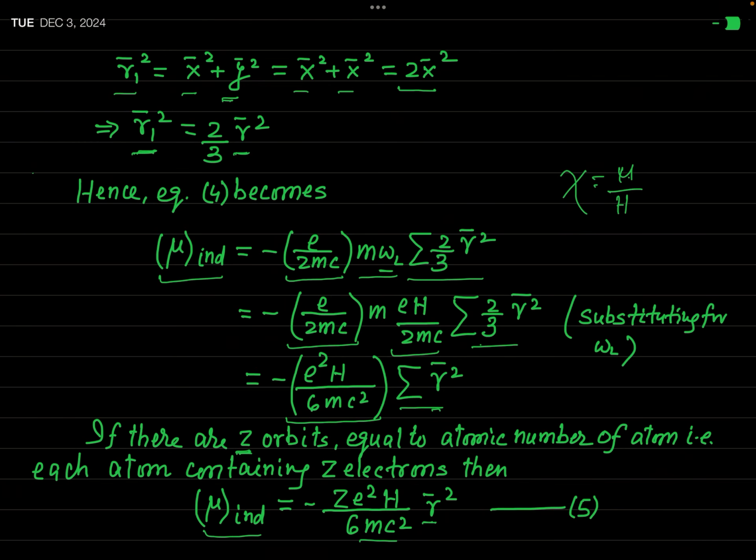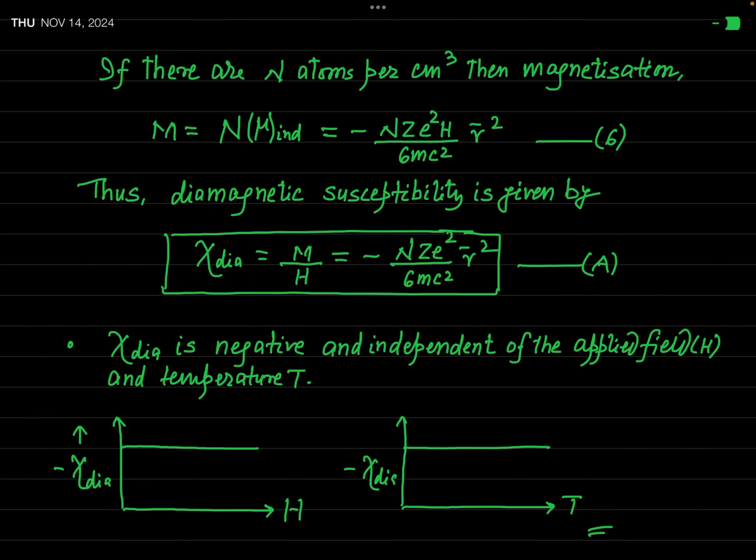So if you consider that in unit volume, because we are making the calculation in CGS unit, if we consider that in 1 centimeter cube there are n atoms per centimeter cube, then the total induced magnetic dipole moment in 1 centimeter cube of the specimen, that is unit volume of the specimen, will be what?